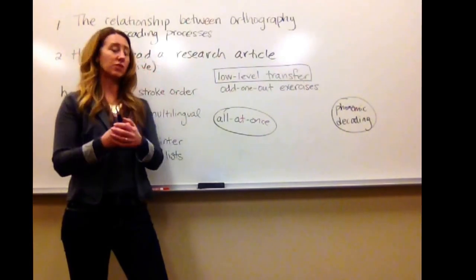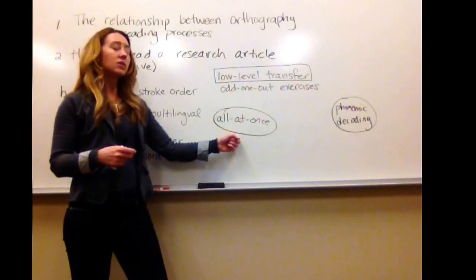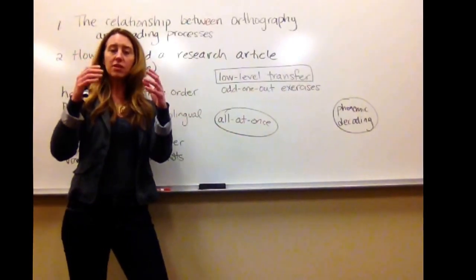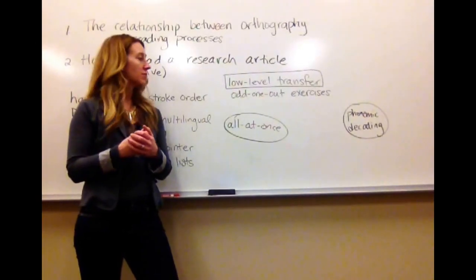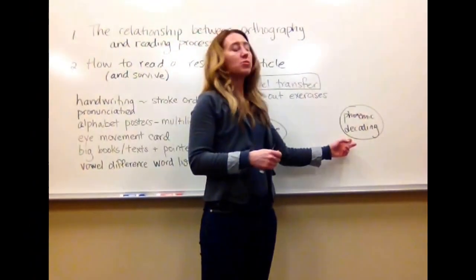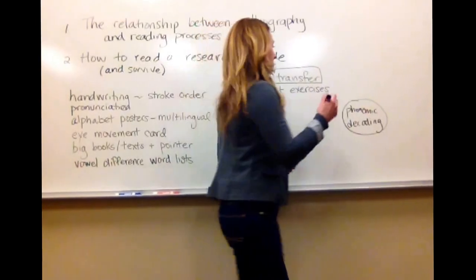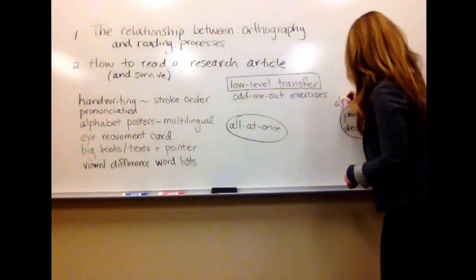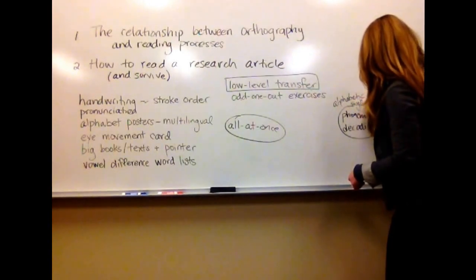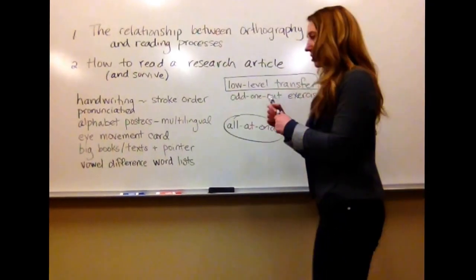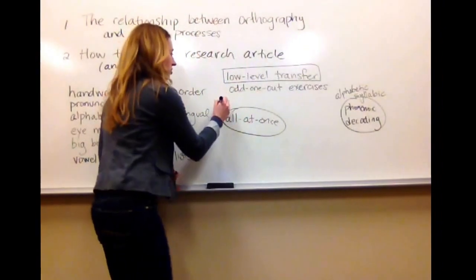So what comes up for you is that image. All-at-once processing is you see it and you instantly are able to access that meaning. Phonemic decoding would happen for an alphabetic and a syllabic language, either one. This is logographic.